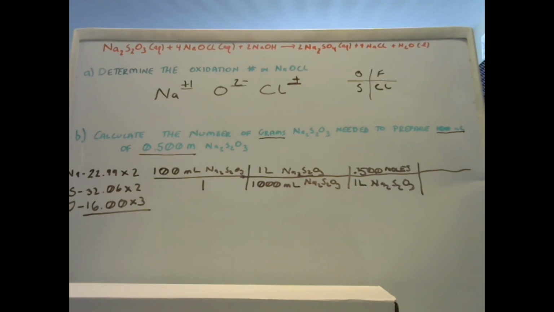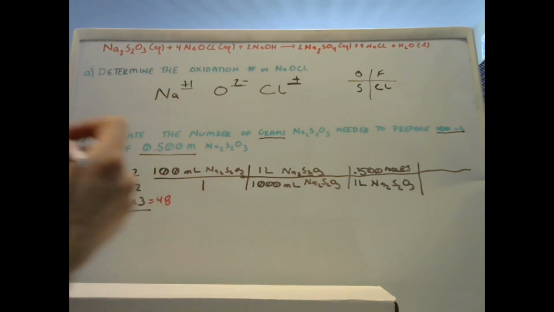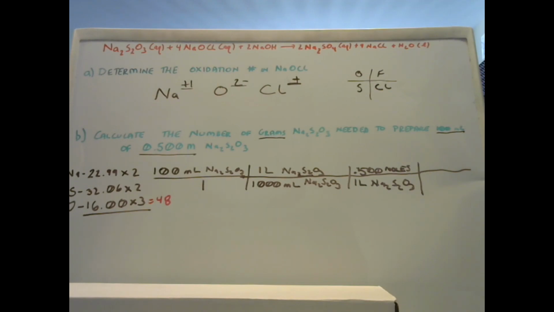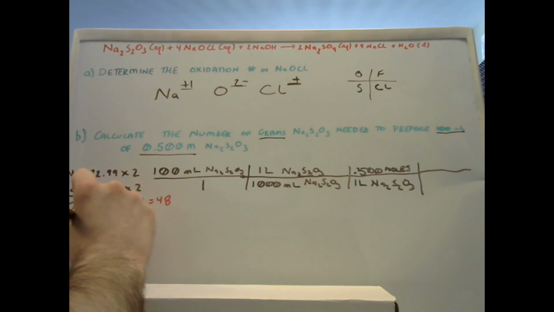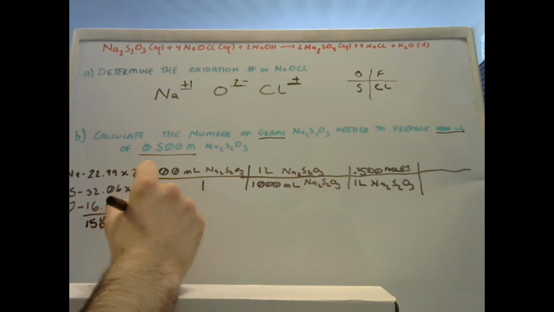Now, if you'd prefer, you can do each individual step out. You can go like 16 times 3 is 48, and so on and so forth. I personally just do it in one fell swoop, put it in my calculator with lots of parentheses. But if I do that properly, I should get 158.10 grams per mole.